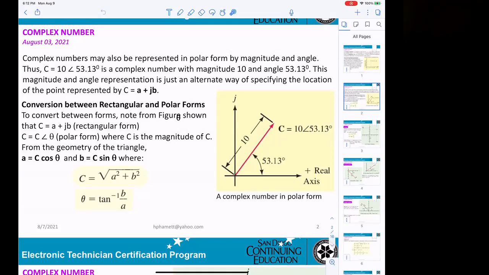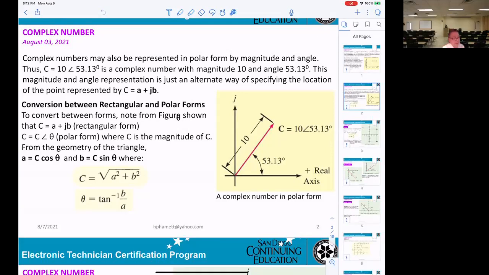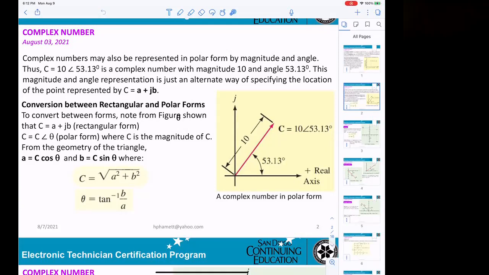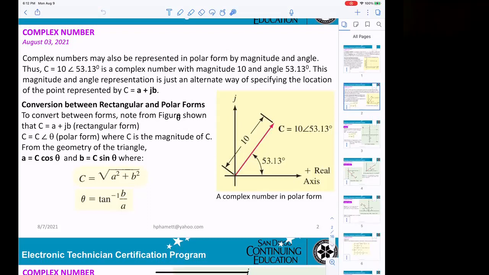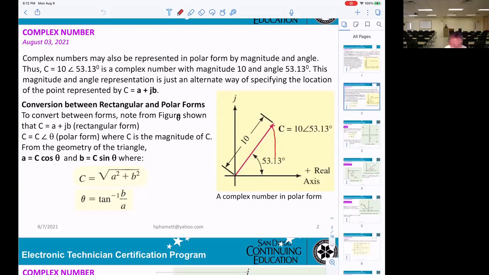Okay, so you know how come A equals C cosine theta? You get that from the triangle. One side, the hypotenuse, is C. You can see it right here.